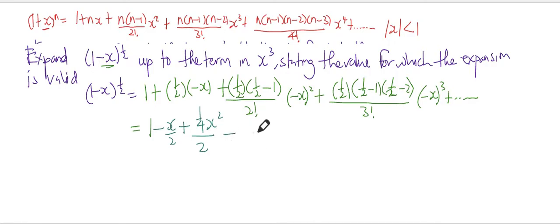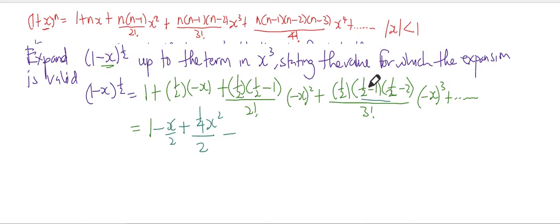Negative 1 over 2 multiplied by negative half, and then you times it by negative, so altogether that's positive. These two multiply to give you positive, times by positive, and that's negative, so it should be negative. So a half times by negative half is 1 over 8.